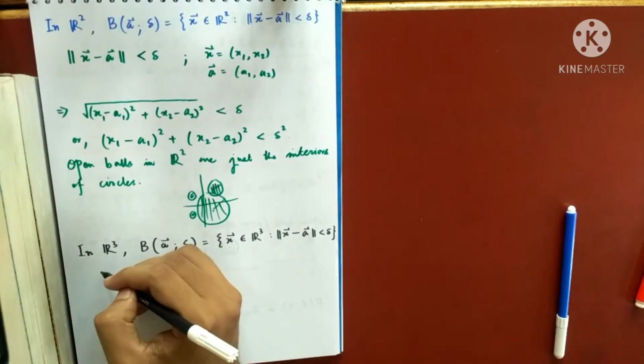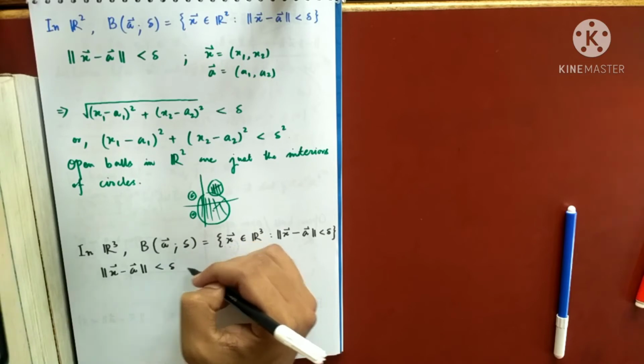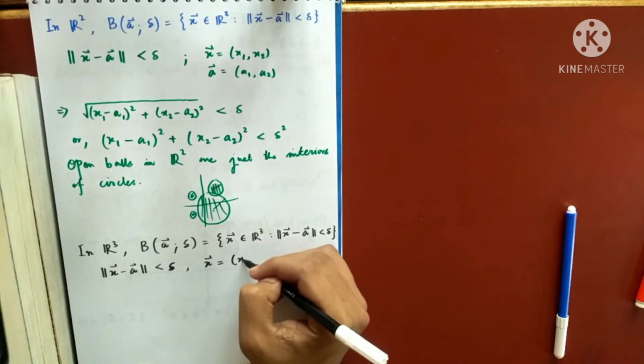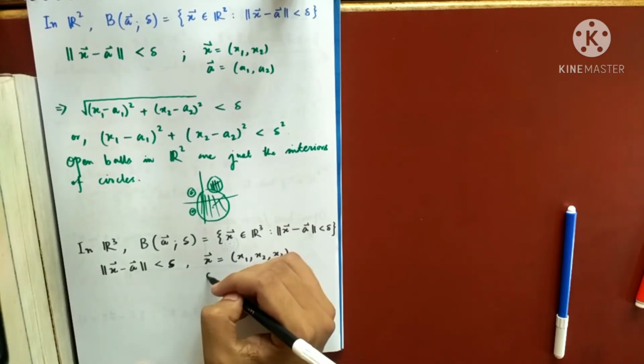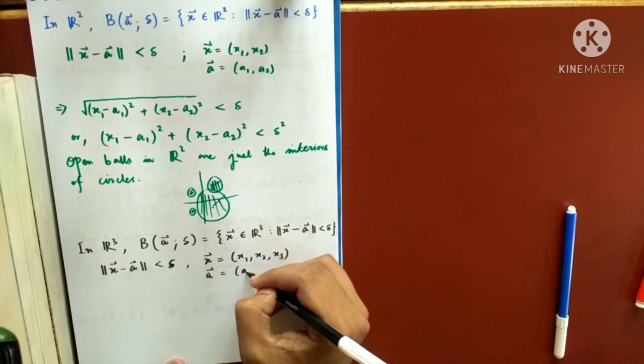Right? So again, if I try to simplify this, assuming this is delta, and assuming x is a vector having 3 components because we are in R3, and A is also a vector having 3 components, A1, A2, A3.